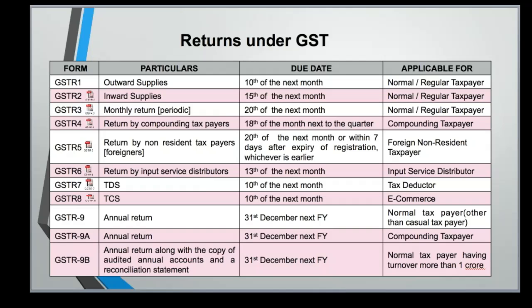You can directly upload the details in an Excel, you can use CSV files and then upload the same for individual line items, or else you can manually enter those details. If you have a small business, maybe 4 or 5 invoices only, you can manually enter those. At the end, they also give you an option to create a JSON file and upload the same under your login ID and password, so that the return is ready.